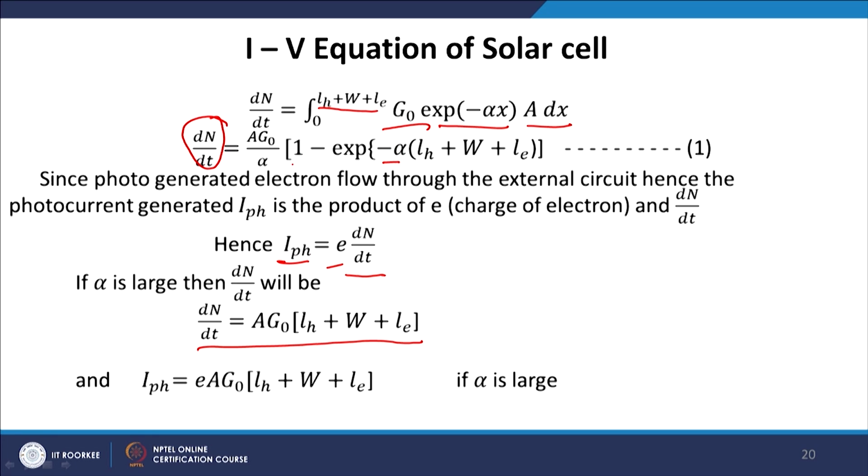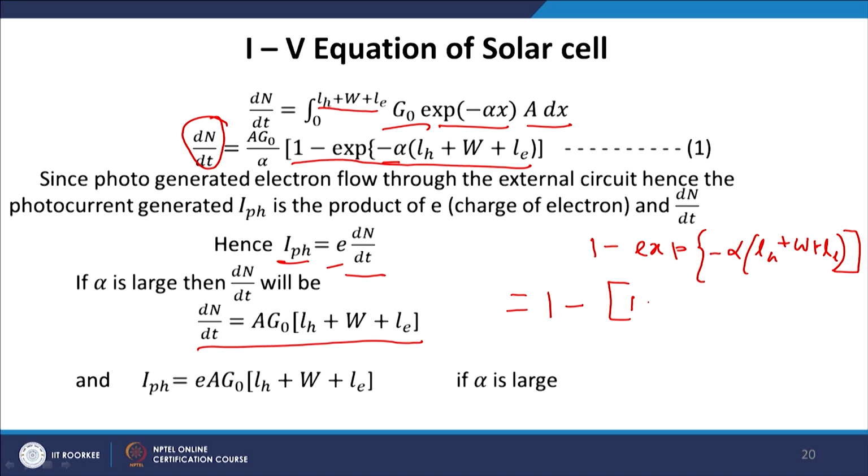So, if we expand only the terms inside the bracket for a large value of alpha, 1 minus exponential minus alpha LH plus W plus LE, we can expand the exponential minus alpha times some quantity in a binomial expansion, and that will give us 1 minus 1 minus alpha LH plus W plus LE.